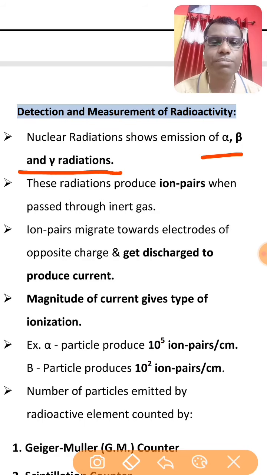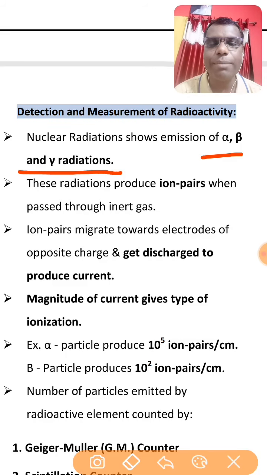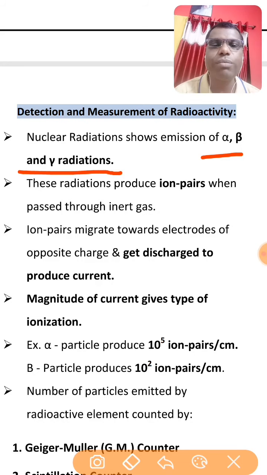So this is important. Whenever alpha, beta, or gamma radiations are passed through inert gases, they are responsible for producing ion pairs, and these ion pairs will be helpful to identify the type of radiations emitted by any radio element. What happens is that these ion pairs migrate towards electrodes of opposite charge.